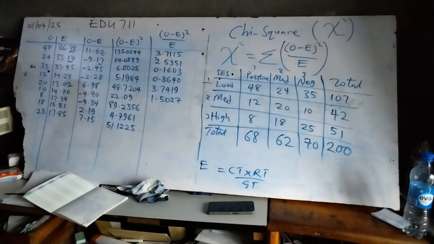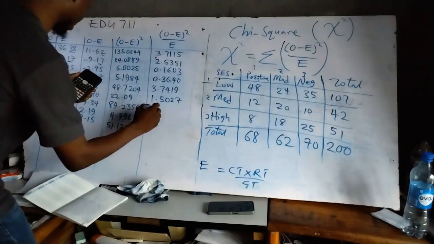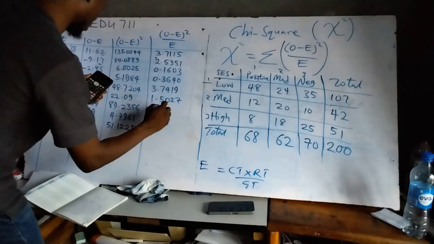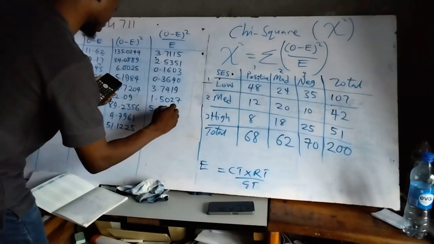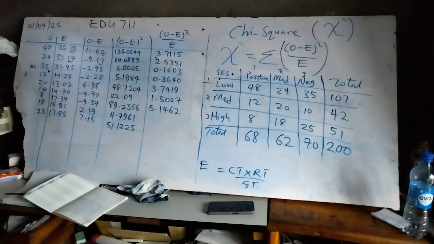Then 89.2356 divided by 17.34, that is equal to 5.1462. You can also be doing this to cross check whether there's a mistake along the line.